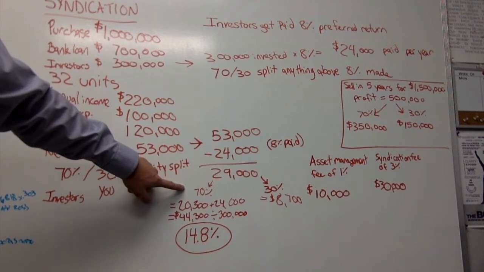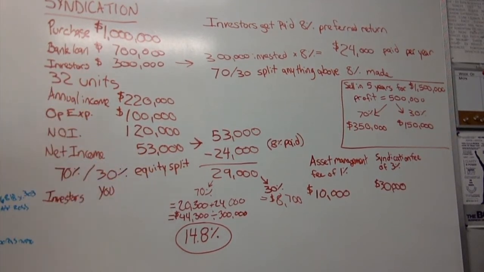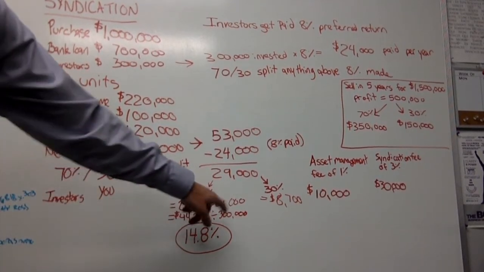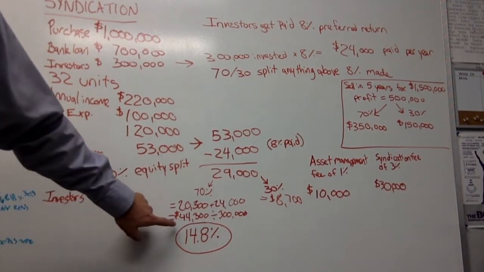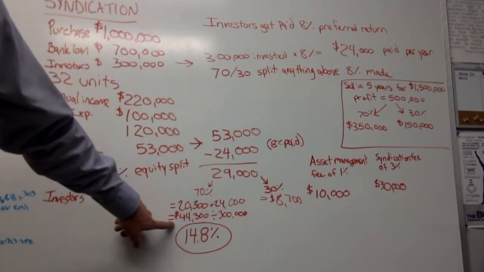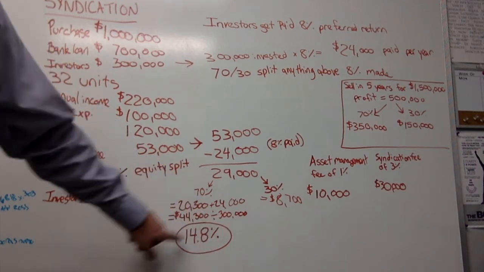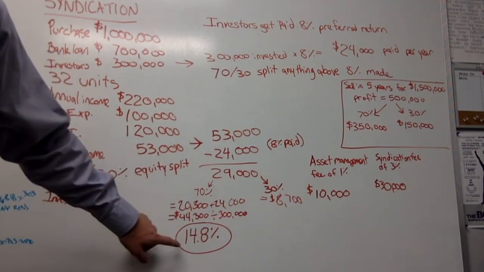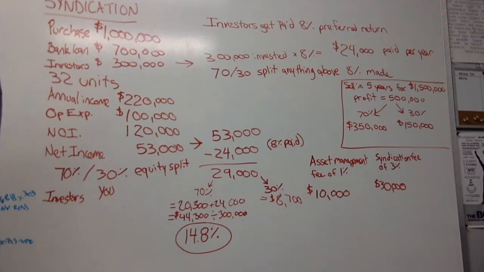If 70% is going to the investors, that's $20,300, plus the $24,000 from the 8% equals a total amount paid to your investors of $44,300 for the year. Divide that by their initial $300,000 investment, and that's where you get that 14.8% rate of return.